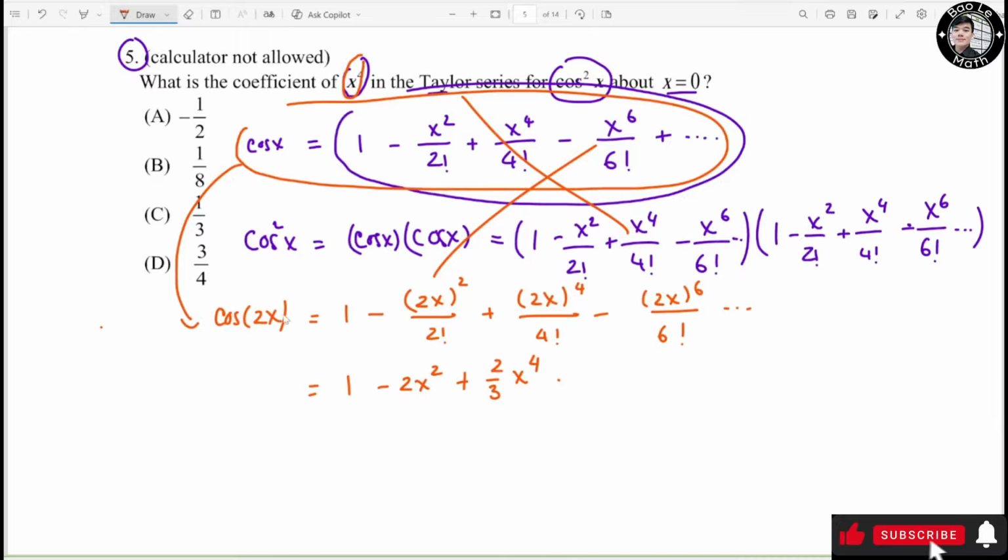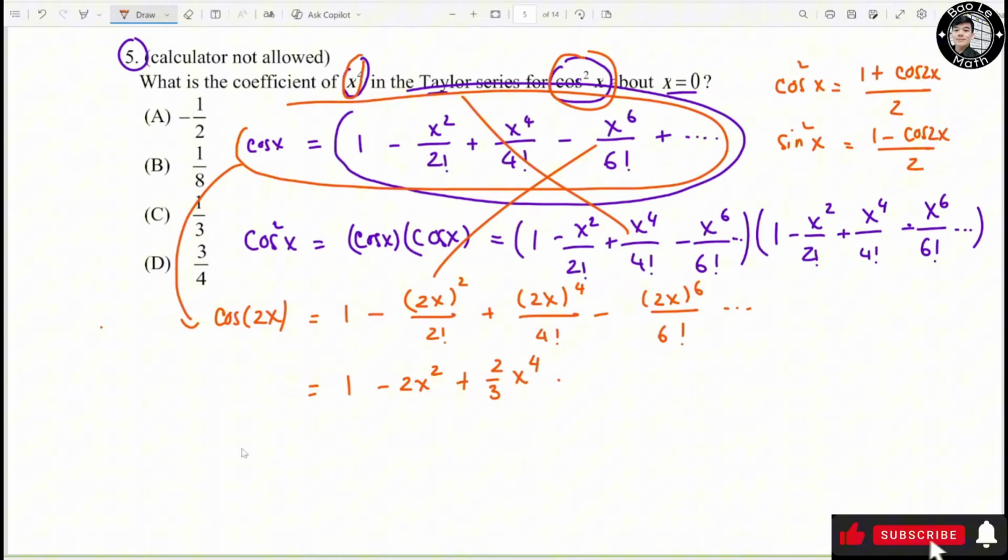But this is cosine 2s, and we need cosine squared of s. Remember, cosine squared of s equals 1 plus cosine 2s over 2. Also, sine squared of s equals 1 minus cosine 2s over 2.